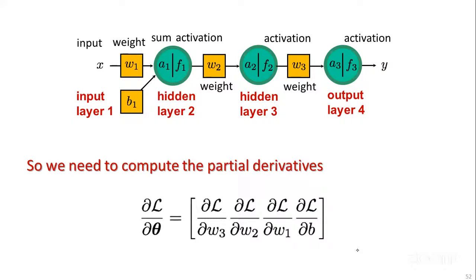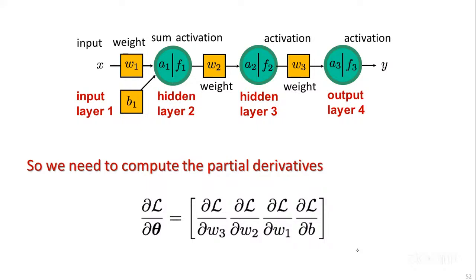Now let us see that we need to compute these partial derivatives, because without computing those partial derivatives, we can't do anything. And here there is something where I want your attention. When we say the derivative of the loss function with respect to theta, in this network, what are the parameters? W3 is there, W2 is there, W1 is there, and B is there, right?